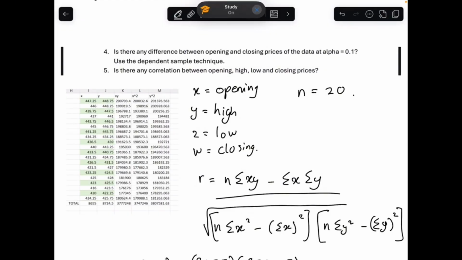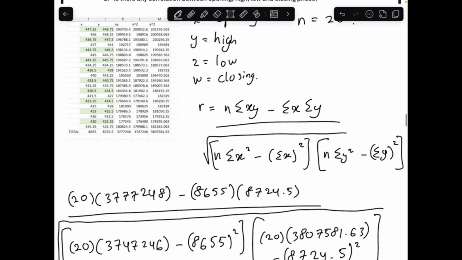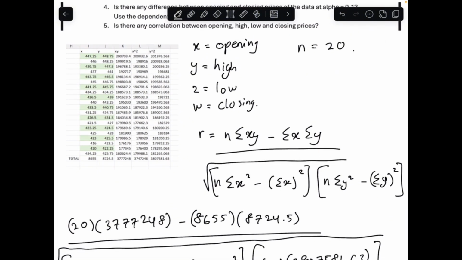For question number 5, is there any correlation between opening, high, low and closing prices? First of all, we have to construct a table to make it easier to calculate the value of the correlation coefficient. We represent x for opening, y for high prices, z for low prices and w for closing prices.